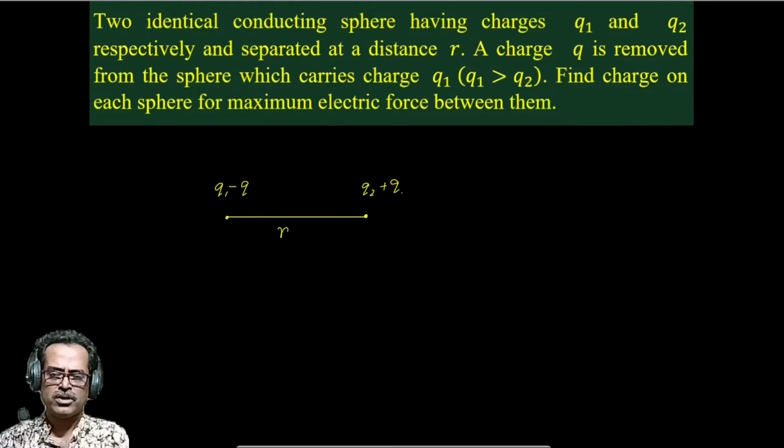Now, the force of repulsion F is equal to 1 by 4 pi epsilon 0 into (q1 minus q) (q2 plus q) divided by r square. So it is clear that the force depends on this variable part, mainly q, and the rest remain constant.